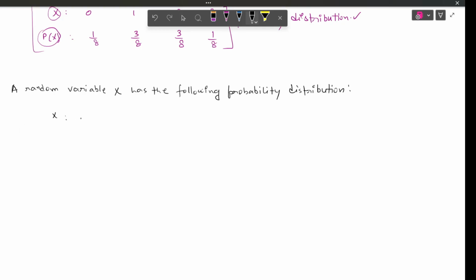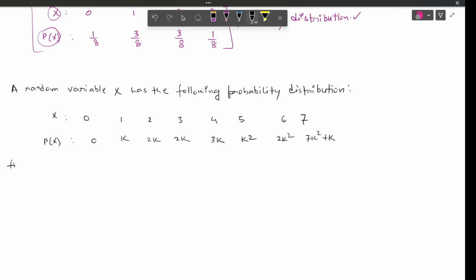Random variable X takes values 0 to 7: 0, 1, 2, 3, 4, 5, 6, 7, and probability of X is given as 0, k, 2k, 2k, 3k, k square, 2k square, and 7k square plus k.